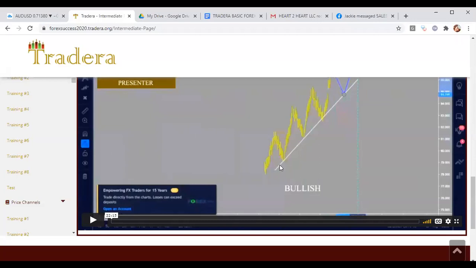This is a trend line. This will be considered support every time price touches this line. So a trend line is diagonal support and resistance. Write that in your notes.